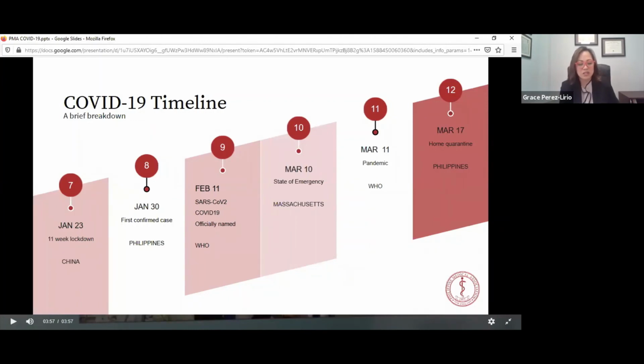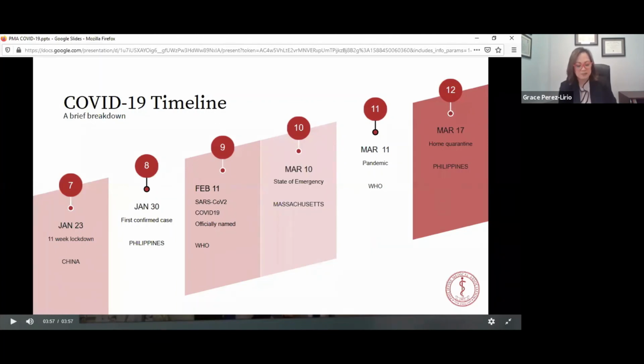And mind you, January 25 was the Chinese New Year, and all those celebrations were canceled. On January 30, the first confirmed case was detected in the Philippines, and a travel ban was issued for those entering the Philippines. On February 11, the World Health Organization announced SARS-CoV-2 as the name of the new virus and COVID-19 as the disease.